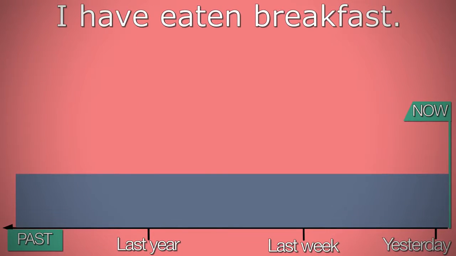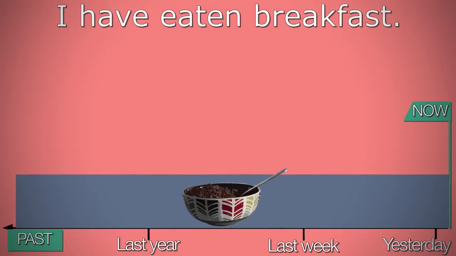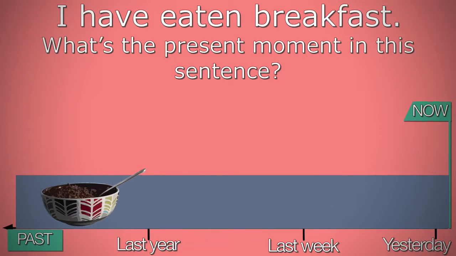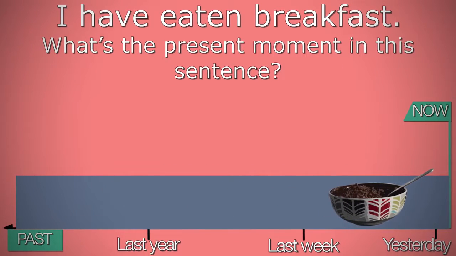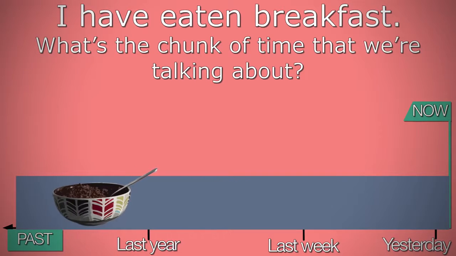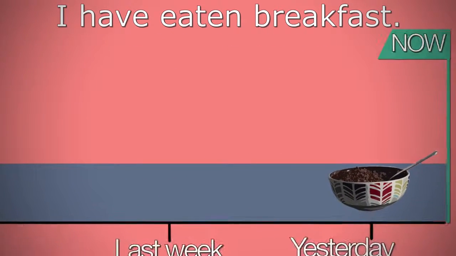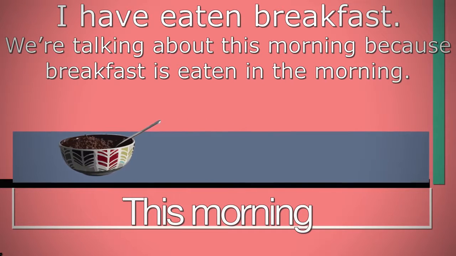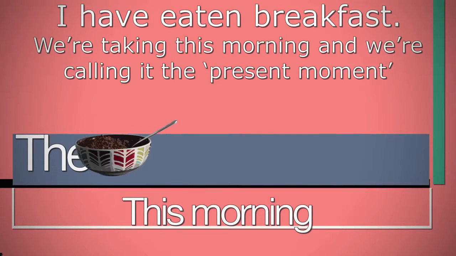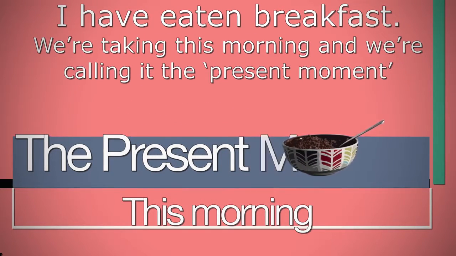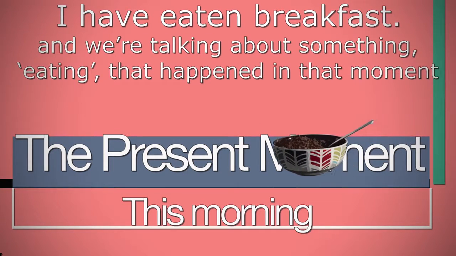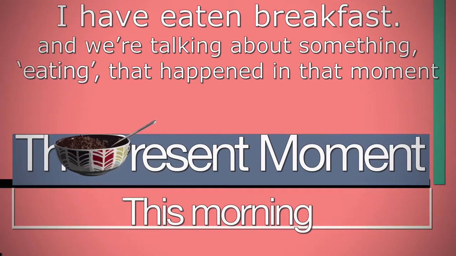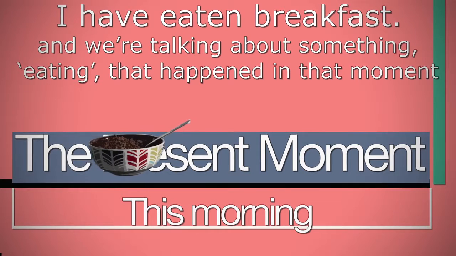I have eaten breakfast. Okay, so what's the present moment in this sentence? What's the chunk of time that we're talking about? Well, we're talking about this morning, because breakfast is eaten in the morning. So we're taking this morning and we're calling that the present moment, and we're talking about something, eating, something that happened in that moment.